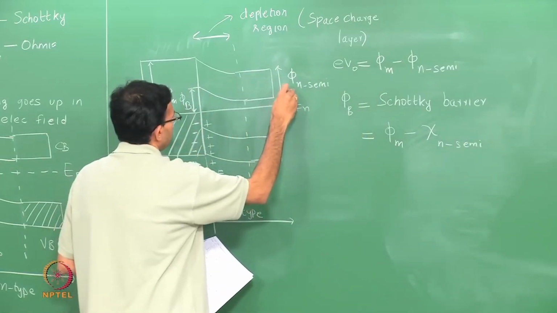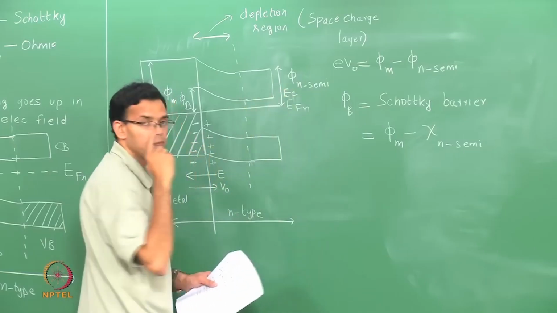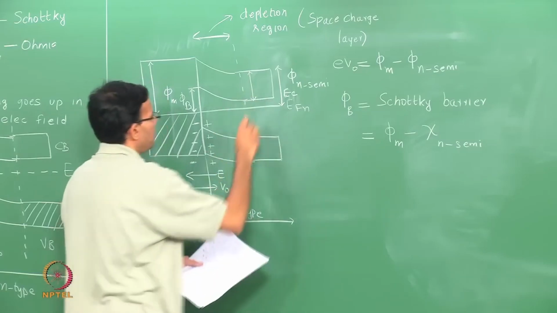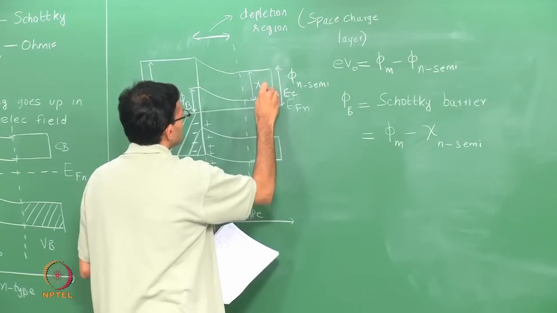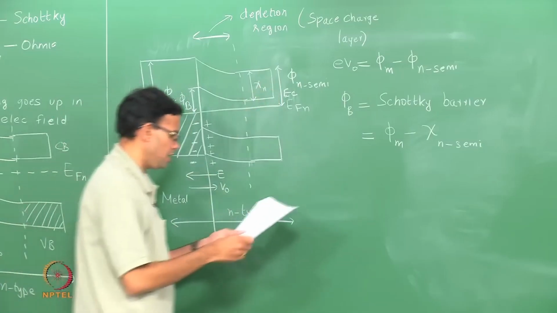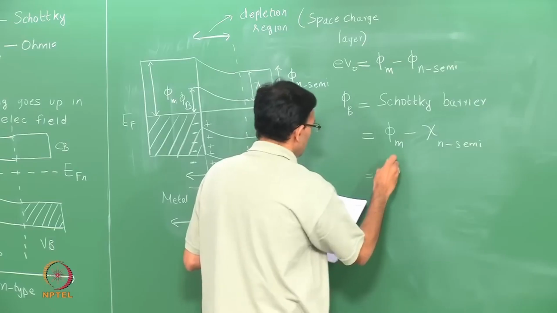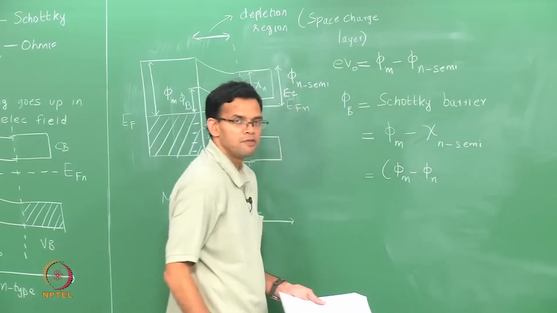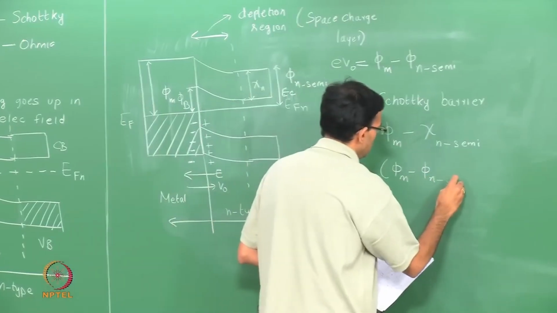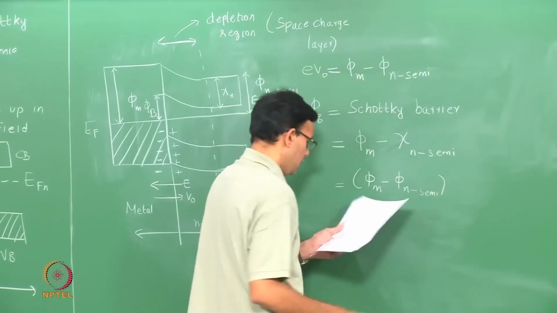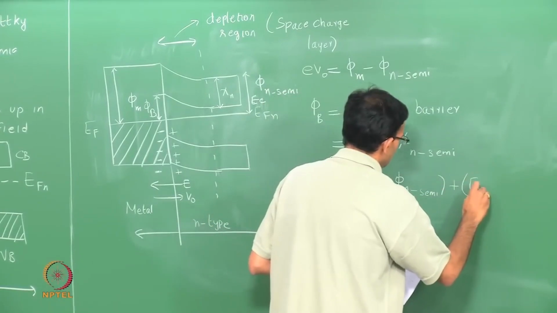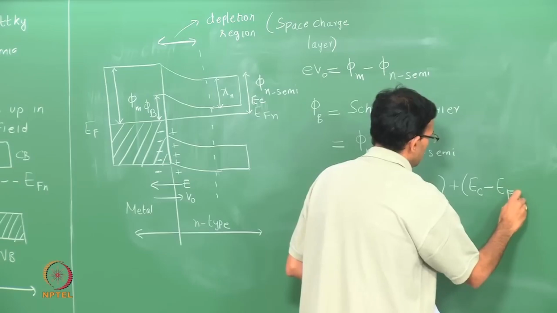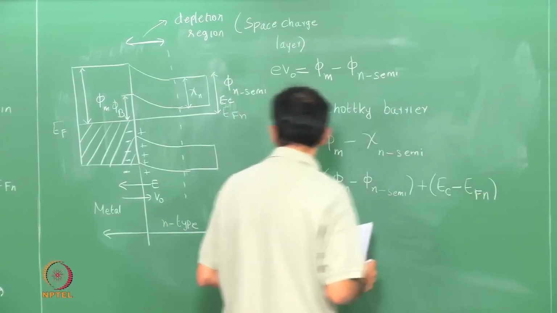So, if the bottom of the conduction band is EC, electron affinity is from the bottom of the conduction band to the vacuum level. Another way of writing this is that this is equal to phi m minus phi n, which is the contact potential, plus the energy difference between the bottom of the conduction band and the location of the Fermi level.